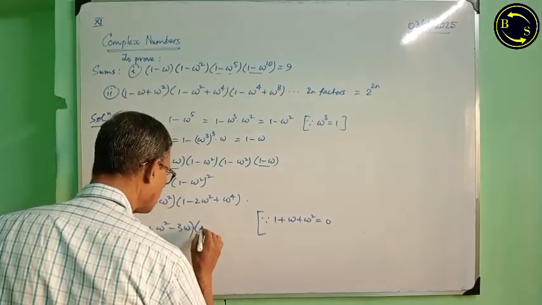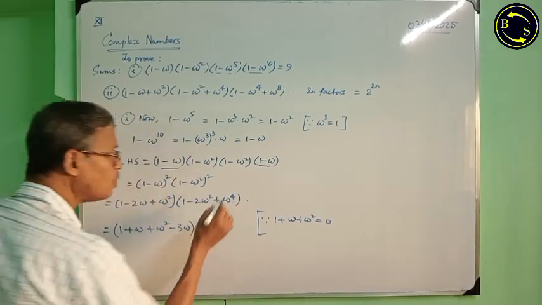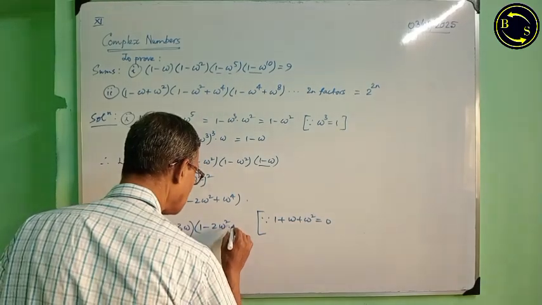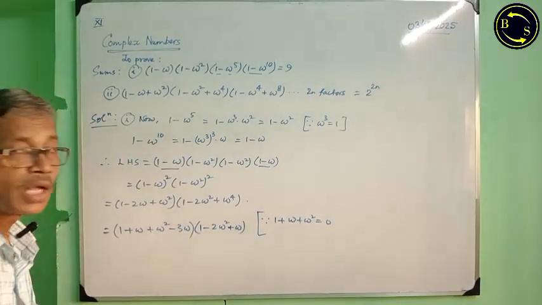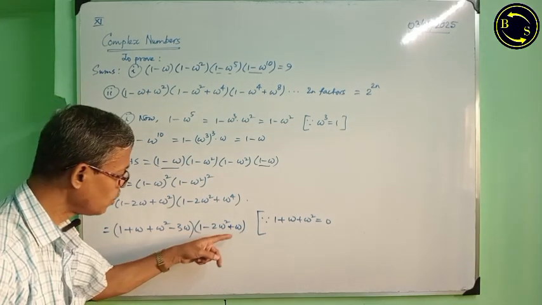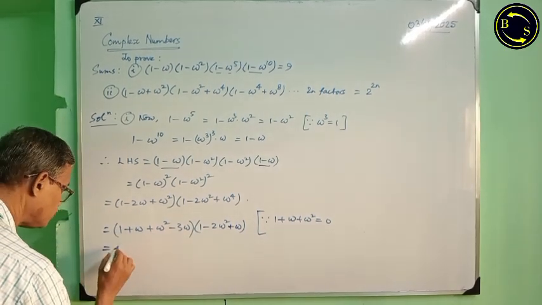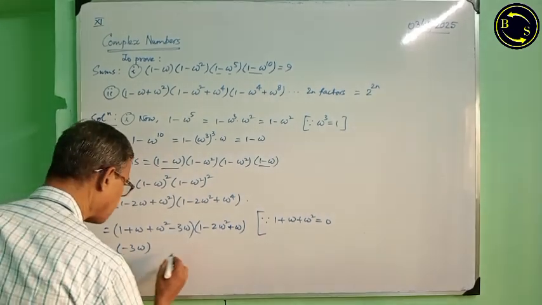And for this, 1 minus 2 omega square, omega to the power 4 means omega cube into omega. Putting omega cube equal to 1, that will be omega. Now this is 0, minus 3 omega.